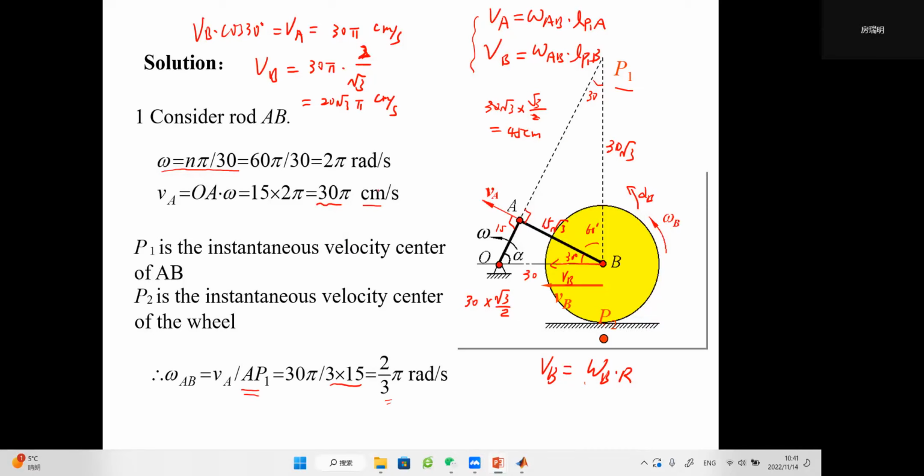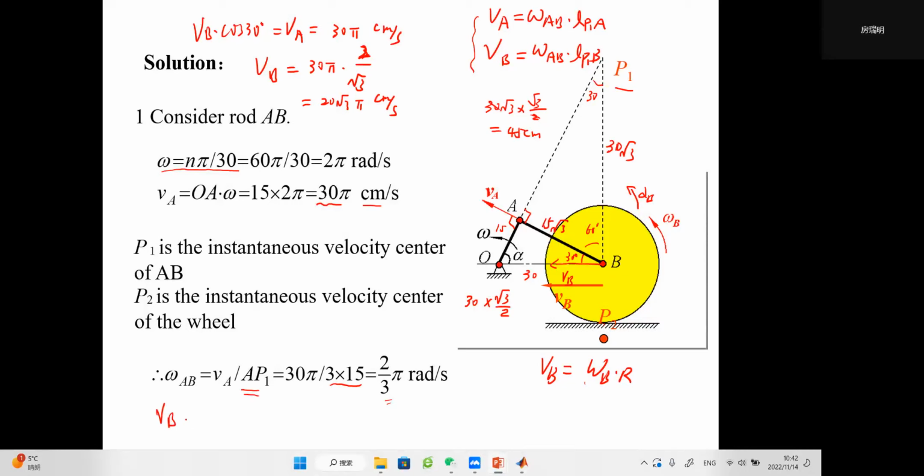So we just need to analyze all the information one by one. Then we will find a method to calculate, including omega AB. So you guys can just look at the picture here. Since we know the length P1B equals 30 times square root 3, we will find VB.